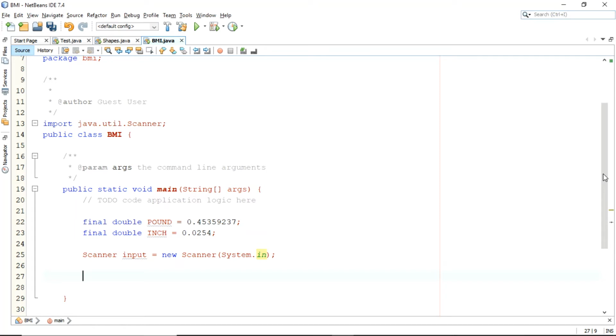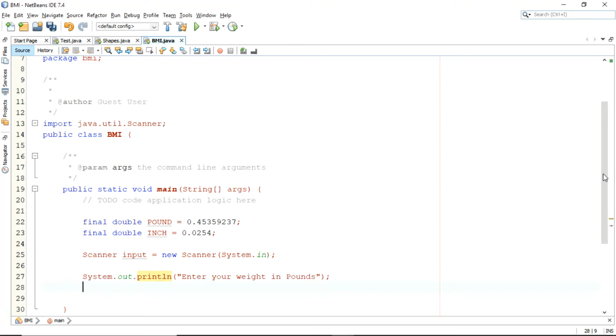This is an instruction to a user. Now that's an instruction. So in a new line, a user is supposed to enter their weight in pounds, but that weight that a user is going to enter is going to be scanned via the keyboard.